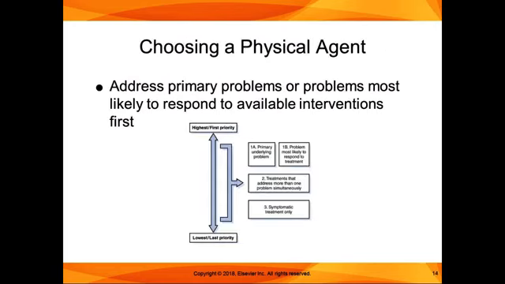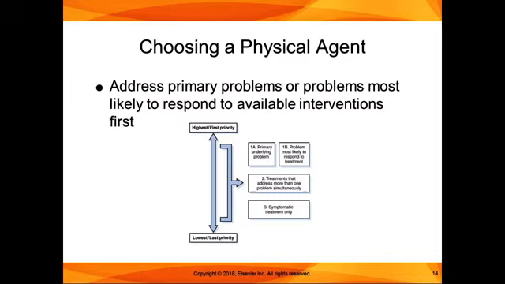So when we're choosing a physical agent, the physical agent can be used to either address the primary problem, or it can be a secondary problem that might be likely to respond to available interventions.